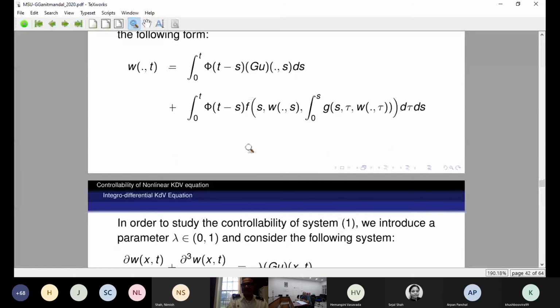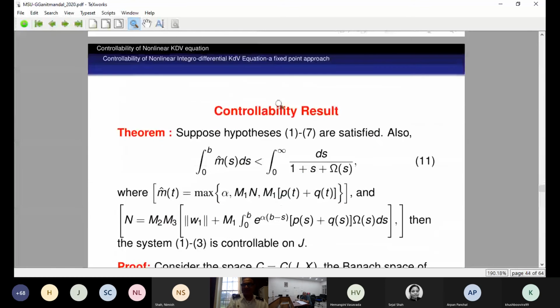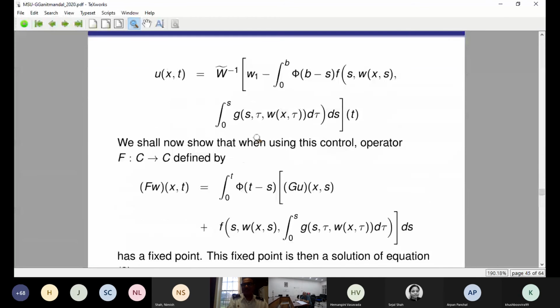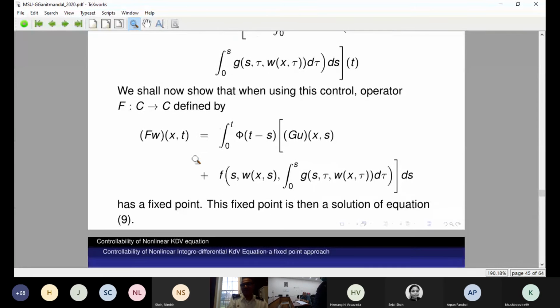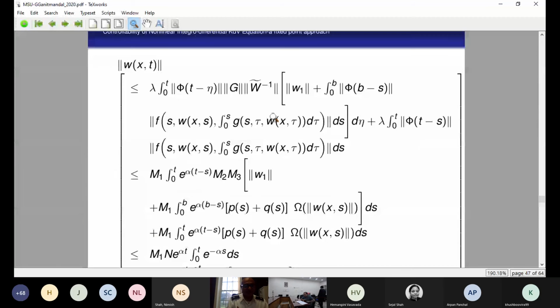For this particular problem, I have defined my control like this, and I plug the value of the control into my mild solution with the help of the operator. Then I use some real analysis techniques to establish the exact controllability of the integro-differential KdV equation without compactness assumptions. And this paper is also published in the Journal of Mathematical Analysis and Applications.